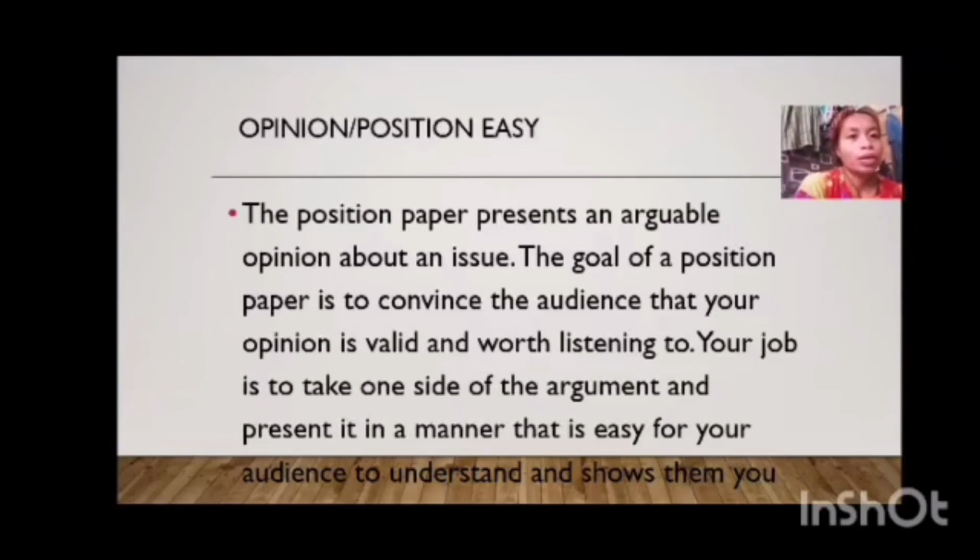In an opinion and position essay, you are trying to convince the audience that your opinion is valid and defensible. That is the opinion and position essay.